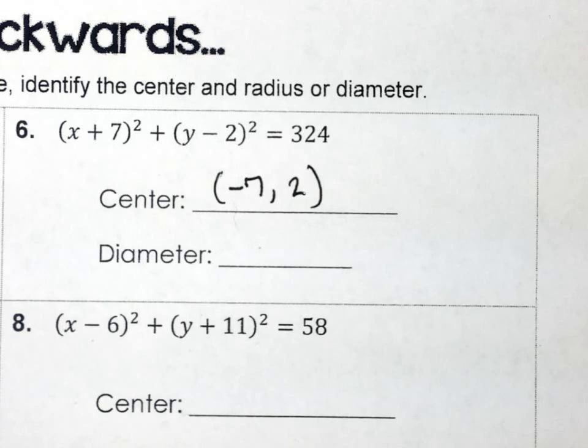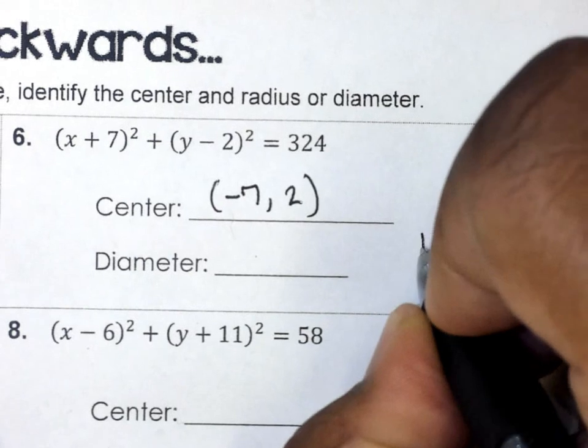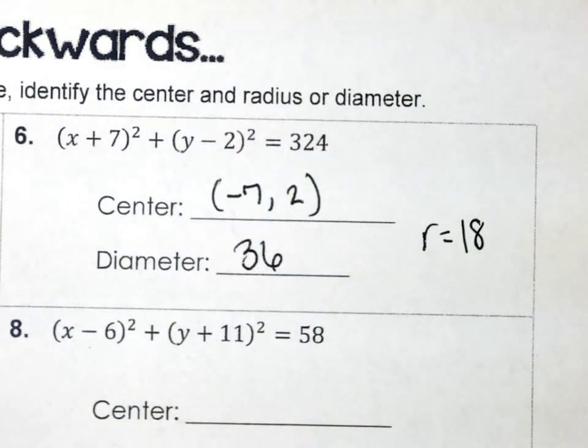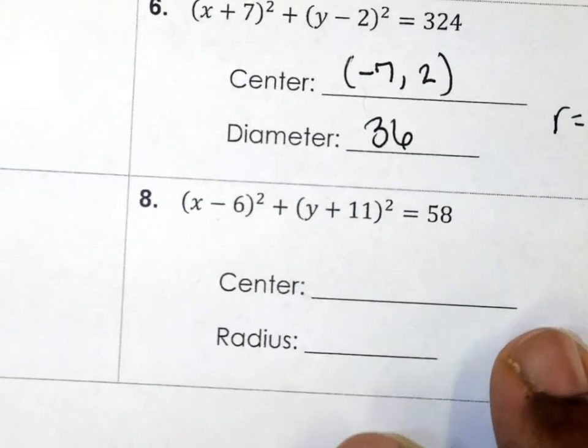What number? Square root of 324 is 18. That's the radius. The diameter would be your radius times 2. Oh boy. We're struggling.